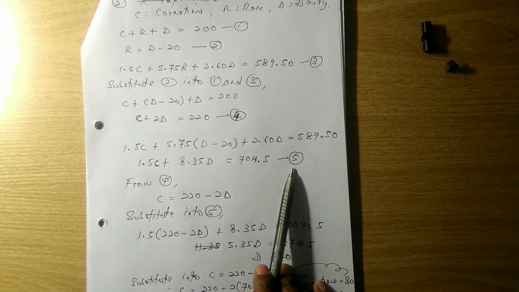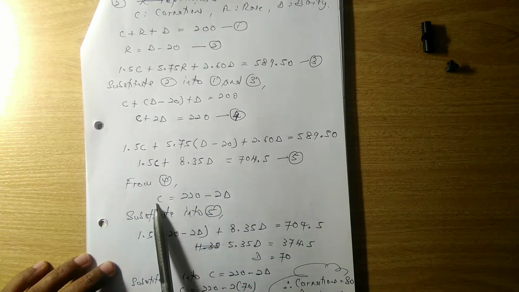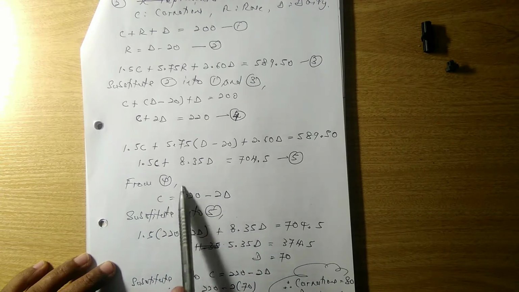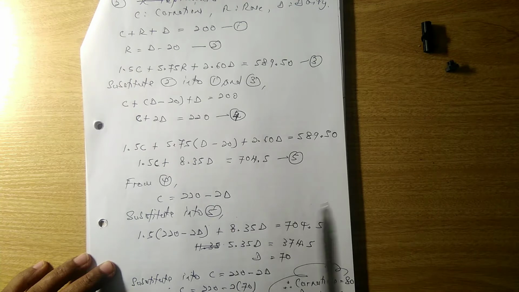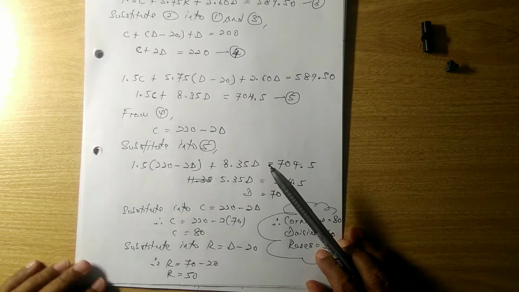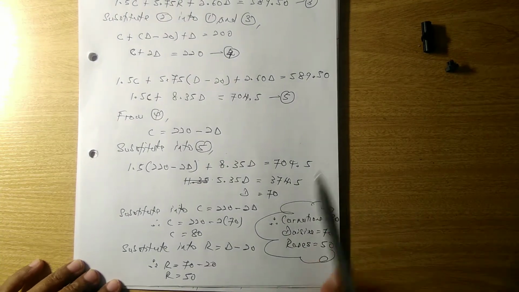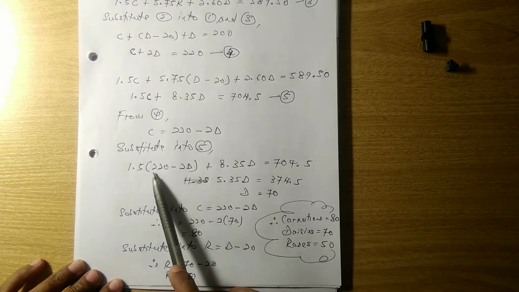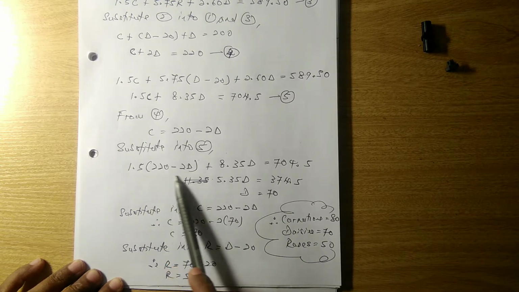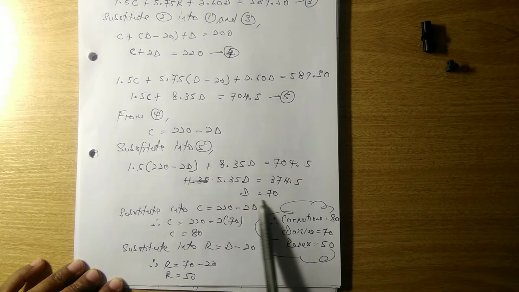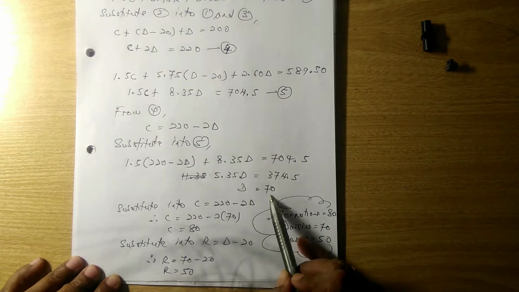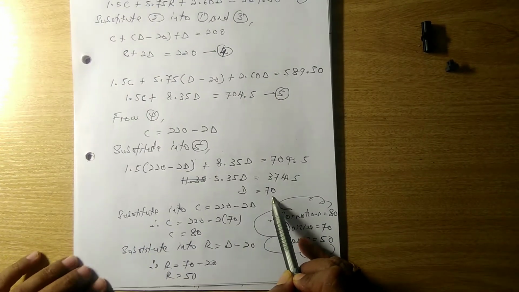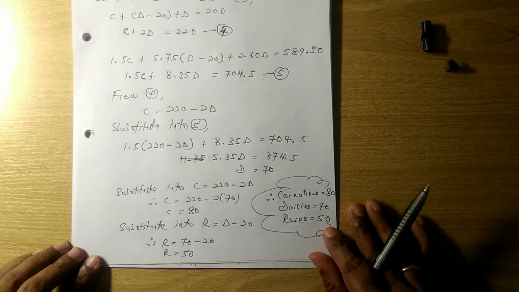From equation 4, I'm going to sub into my fifth equation, so it's all in terms of D. You simplify it, you get D equals 70. D stands for daisies, 70.